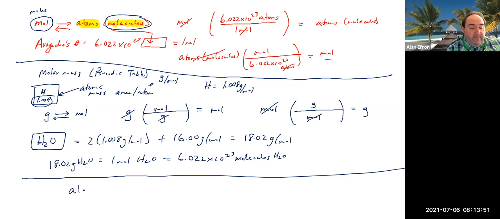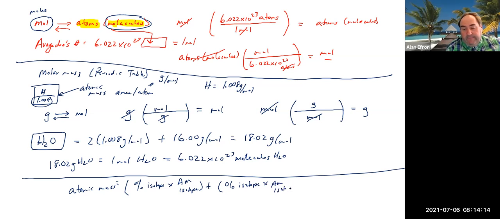And remember, for that, our atomic mass is the percent of the isotope times the atomic mass of the isotope, plus the percent of the other isotope times the atomic mass of the second isotope. And again, if you had 3 or more, you continue that pattern. So that is how we come up with those numbers that we see on the periodic table. Any questions on any of that stuff we covered last time?